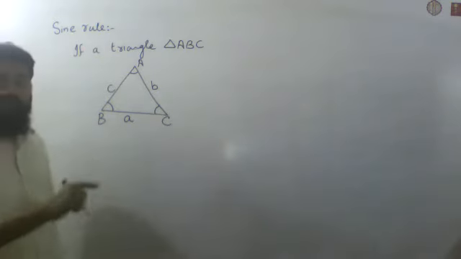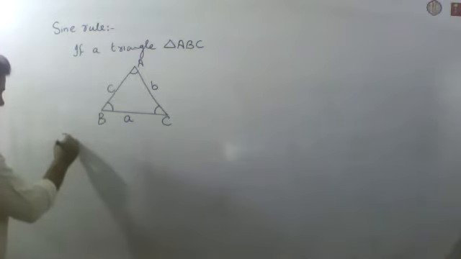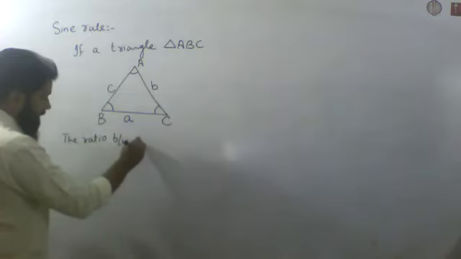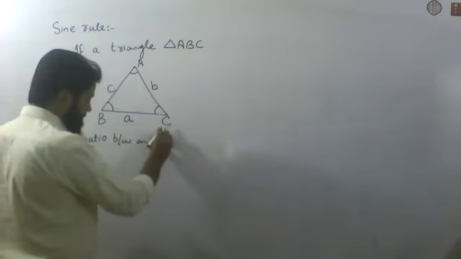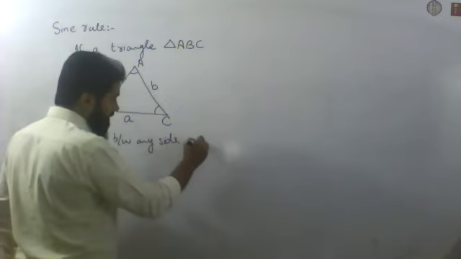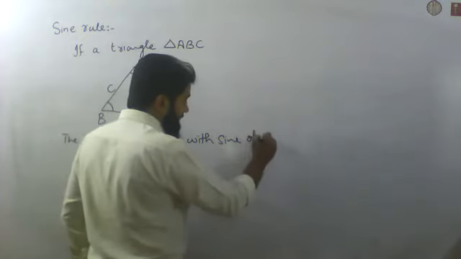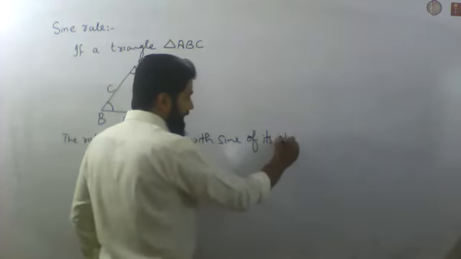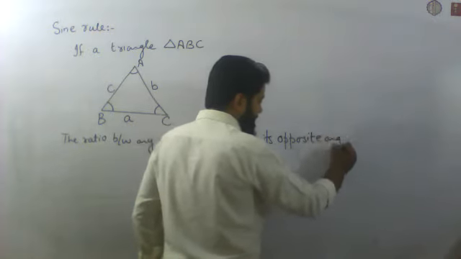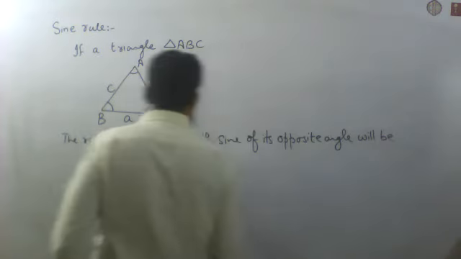Now, if this triangle is given, the ratio between any side with sine of its opposite angle will be constant.